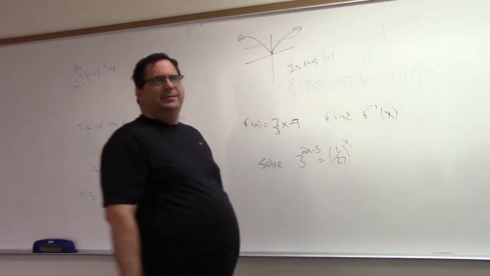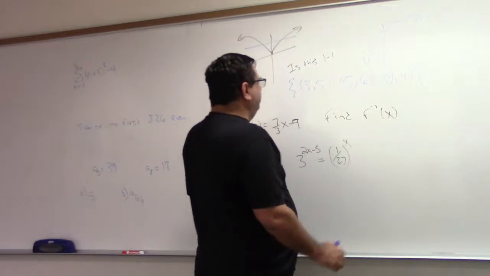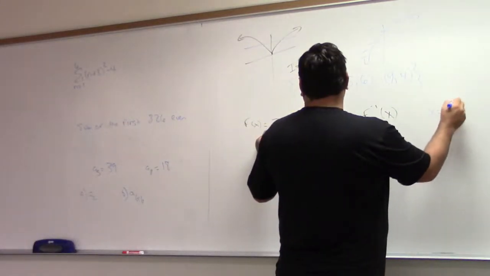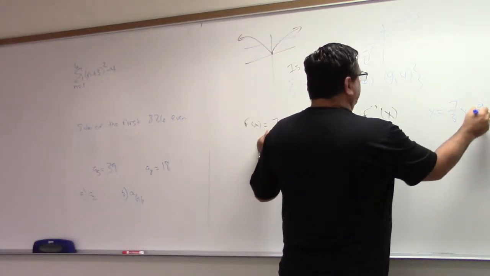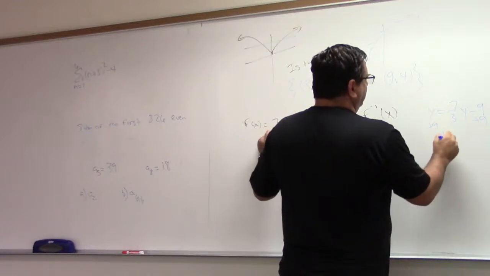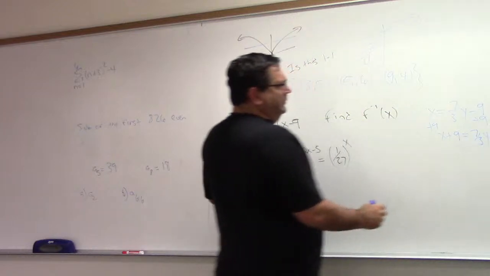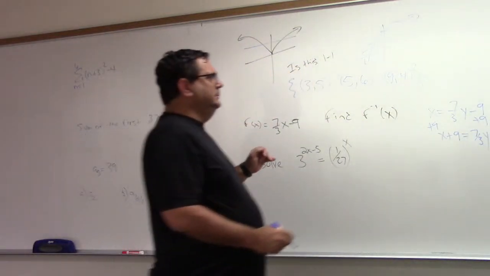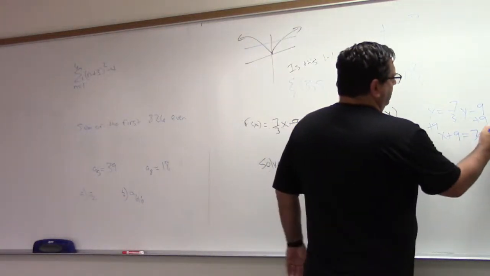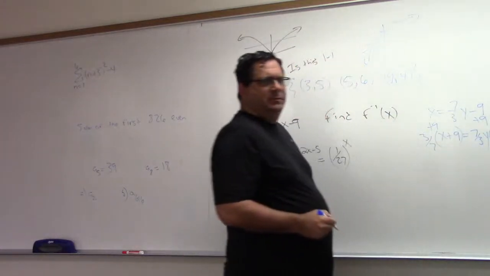All right, find the inverse. X equals 7/3 y minus 9. Add 9. X plus 9 equals 7/3 y. I'm just going to bulk do this, multiply by 3/7.